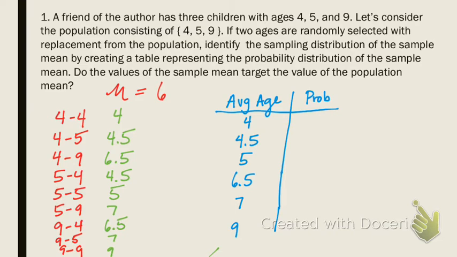Now we're going to look at the probability. So how many total options are there? There are 9, so all of this is out of 9. I'm going to cross them off as I go.